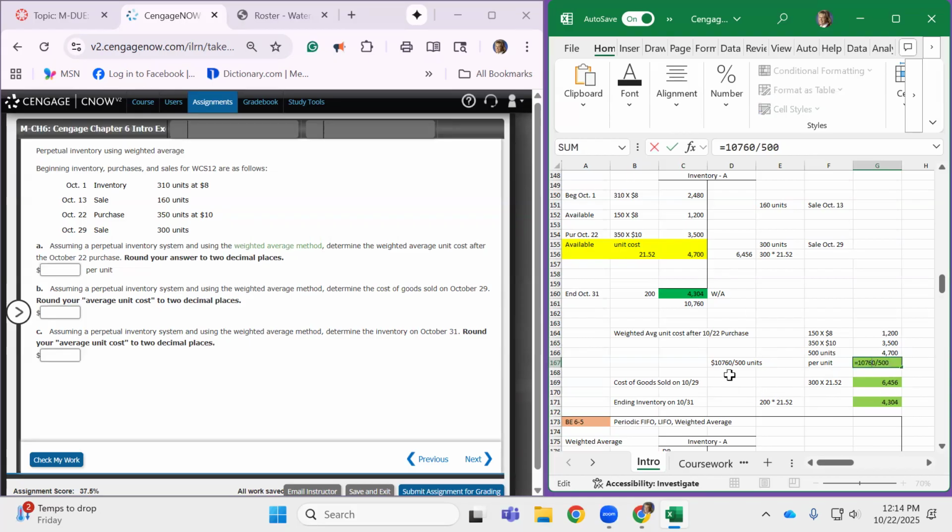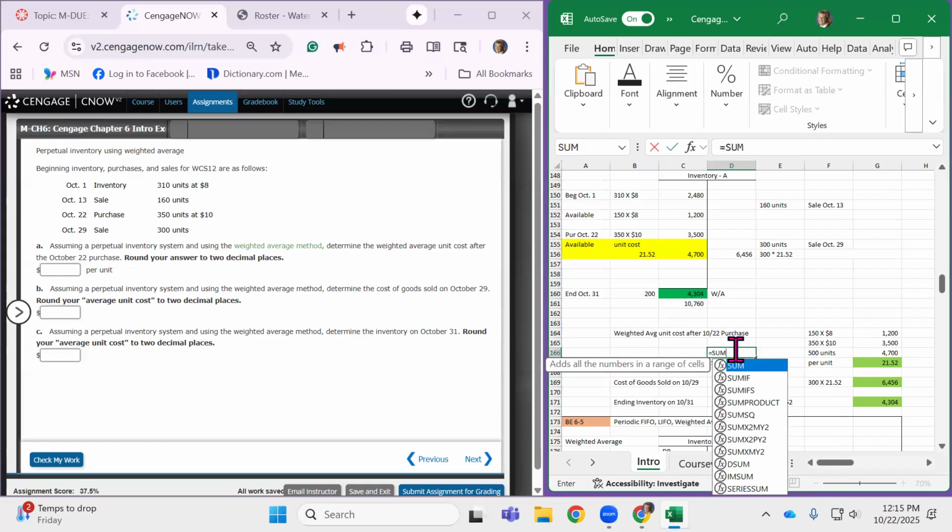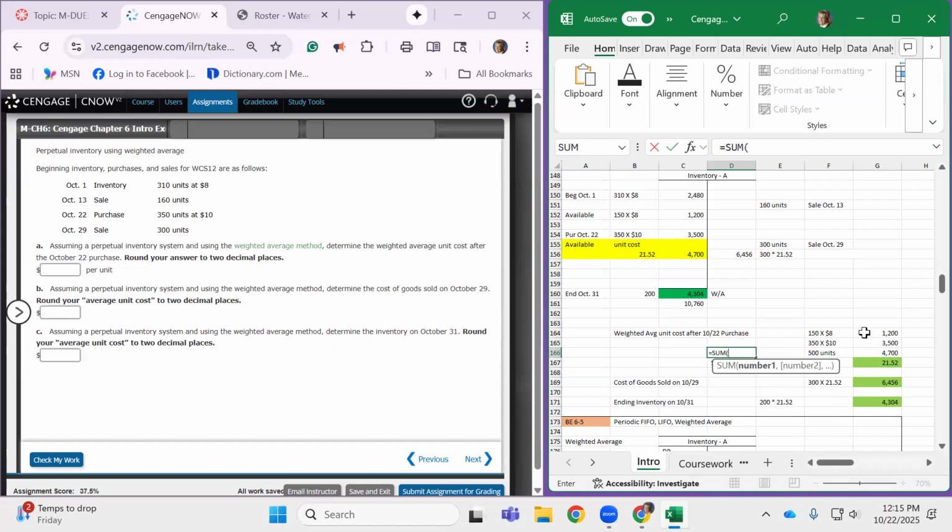All right, so let me do the math here. All of this added together equals the sum. We're going to add these. Okay, so there's 4,700 units.